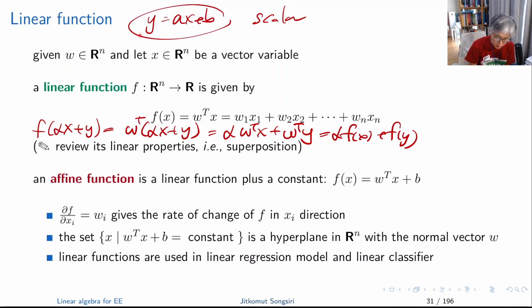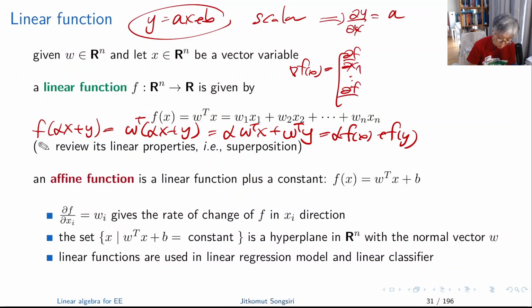In the scalar case, you can check quickly that the derivative of y with respect to x is simply a. Okay. For a linear function of a vector form, you can talk about the concept of a gradient. The gradient of f at x is going to be a vector where you just use the partial derivatives: del f by del x1, del f by del xn, dot, dot, dot.